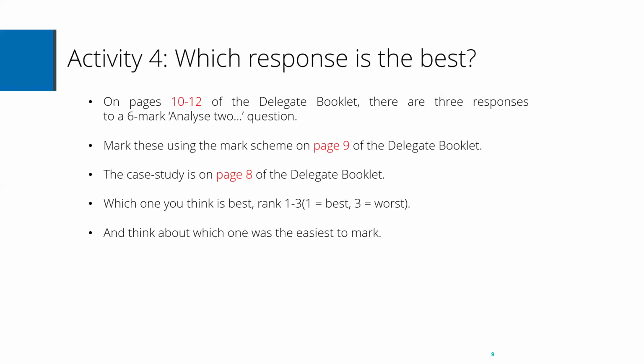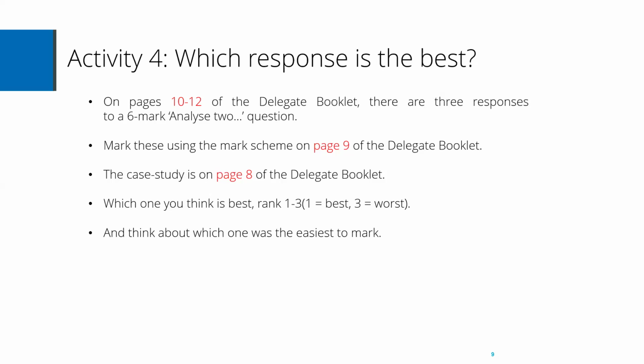On page 4, you've got the mark scheme. On page 5, you've got exemplar 1. On page 6, you've got exemplar 2. And on page 7, you've got exemplar 3. So there are 3 analyze questions to mark.